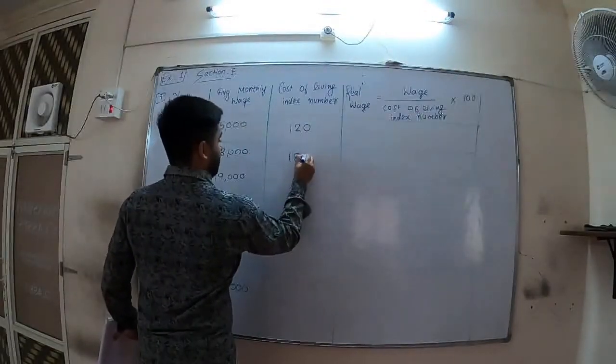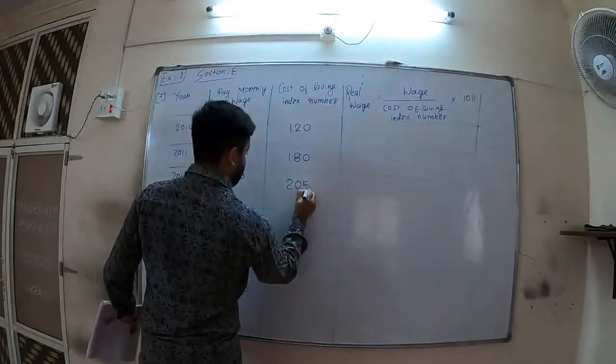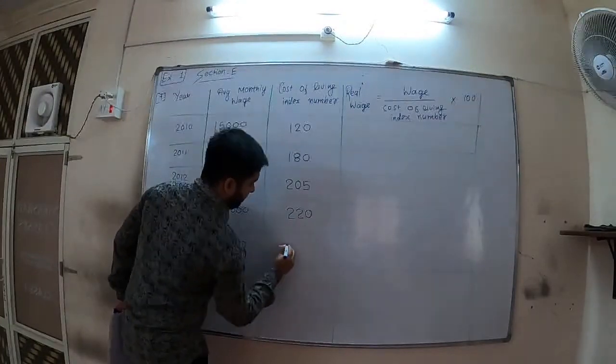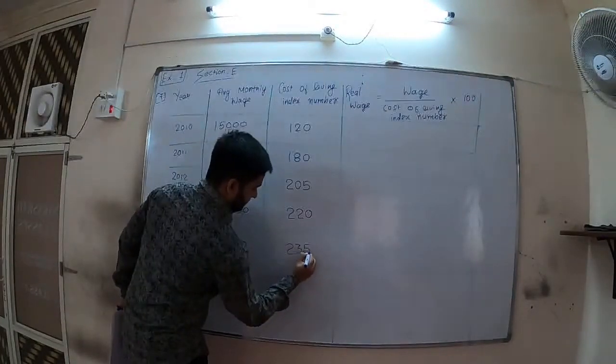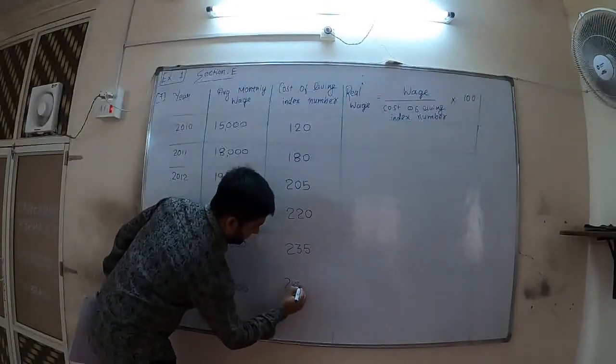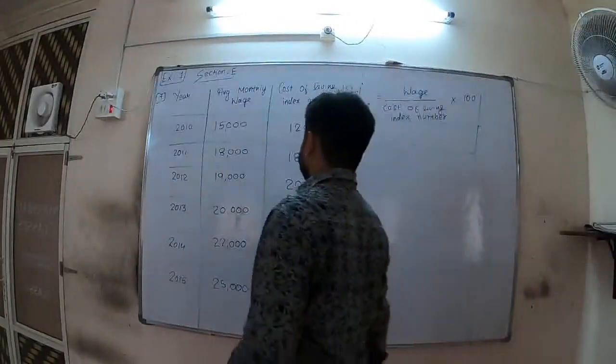Then 120, 180, 205, 220, 235, 260. Okay. First we will write the things, then write the answer.